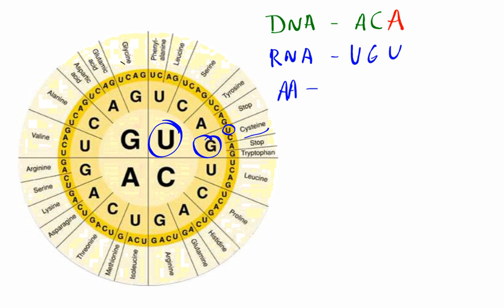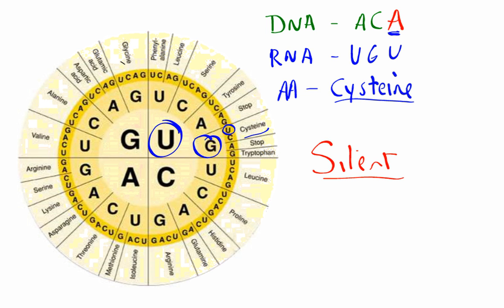Oh, look, still cysteine. Is this a mutation? Yes, it is a mutation. We have a change in the DNA. Is there a problem as a result of it? No, no change. And so we call this mutation a silent point mutation because it doesn't make a sound. You don't notice it. All right.